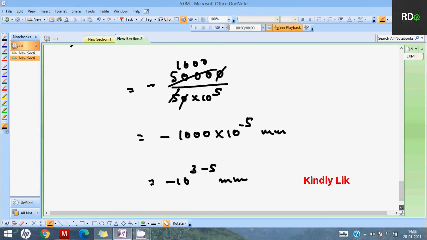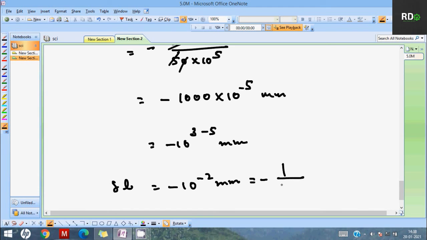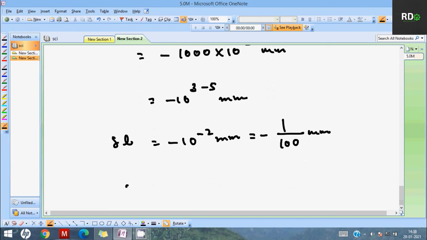So it is nothing but minus 10 to the power minus 2 mm. So your del L is equal to minus 1 by 100 mm. Therefore, del L is equal to minus 0.01 mm.